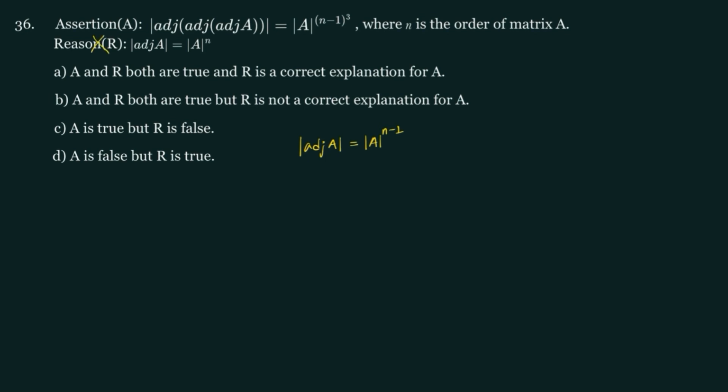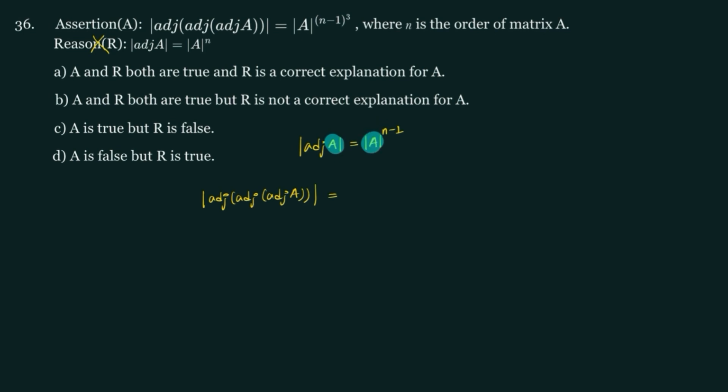Okay, so now let us check whether the assertion A is correct or not. For that we need to solve and check the answer. So here on the left hand side of the assertion we have determinant of adjoint of adjoint of adjoint of A, and this will be equal to, now see, we will look at the definition, that determinant of adjoint of any matrix A is equal to determinant of that matrix to the power n minus 1.